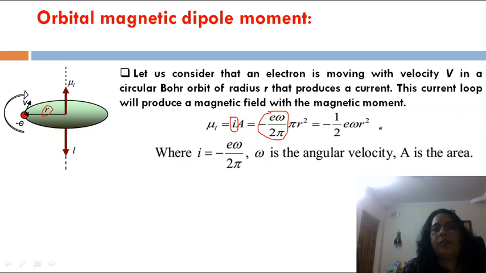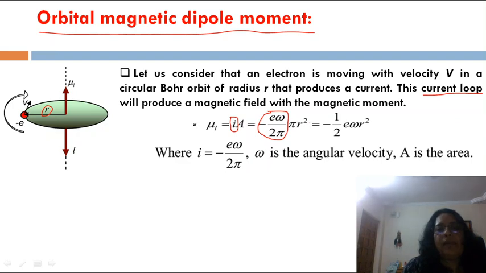Now substituting this value, we get 1 by 2 e omega r square. So mu L is the magnetic moment associated with the magnetic field generated by the current loop, the current carrying electron while moving, completing its orbital path, because first we consider the orbital magnetic dipole.